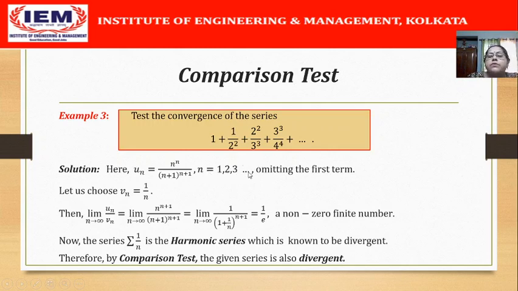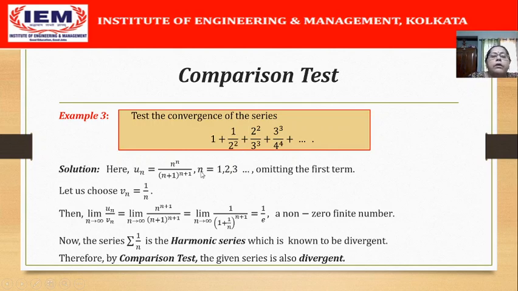Now note that this will not affect our conclusion because we have seen a property that the convergence or divergence character of a series is not affected by addition or removal of a finite number of terms.